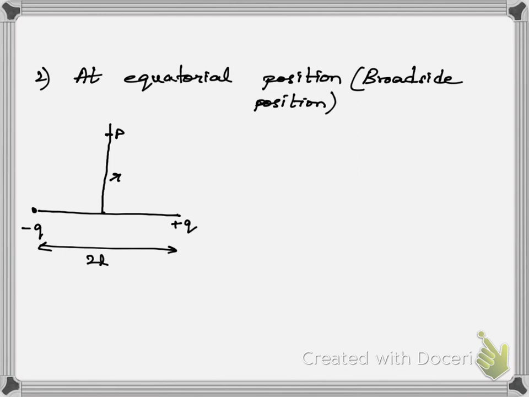From each of these charges, this distance will be L and so will be this distance. So what will be the distance of the point P from each of these two charges? It will simply be root under r square plus L square, and similarly for the other charge as well.